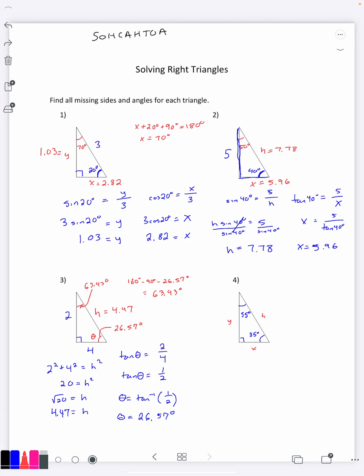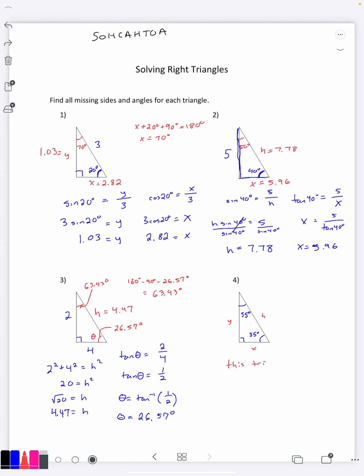And no matter which trig function you use, sine, cosine, tangent, you're always going to have two variables involved in that equation. And you're going to be really stuck trying to solve for any one of them because they all have two variables. And in fact, this triangle is not solvable.